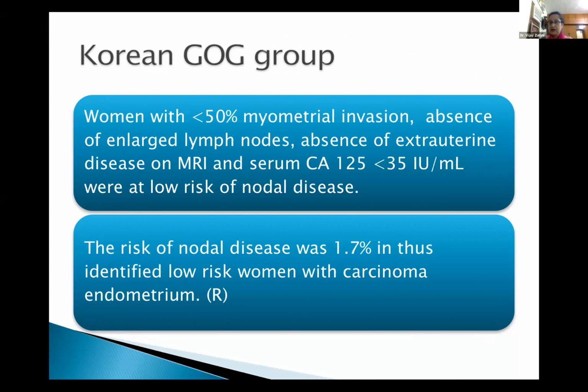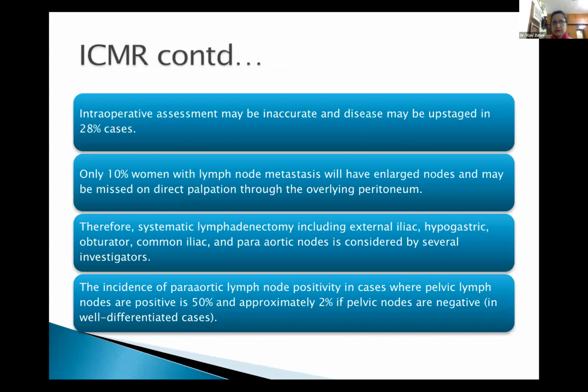The risk of nodal disease was 1.7% in thus identified low risk women. So they have identified the low risk. How have they identified? They have done the assessment of myometrial invasion, then they have done serum CA125 and other factors clubbed together. So you have to make these models so that you can identify actually the low risk patient among this early stage where you can omit lymph node dissection.